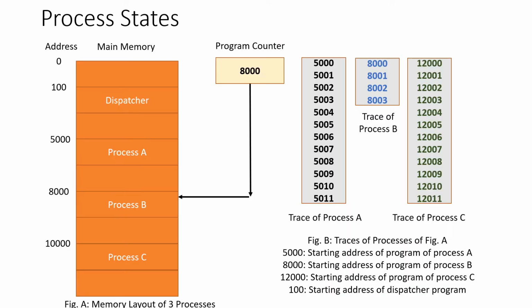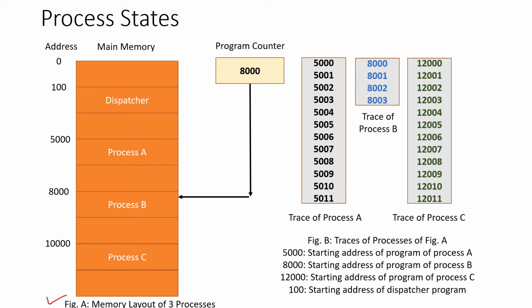Next, we will see what is the meaning of process states. The processor executes instructions from its repository in some sequence dictated by the changing values in the program counter register. So here in figure A, we can see there are three processes.